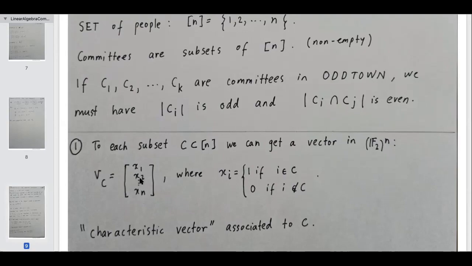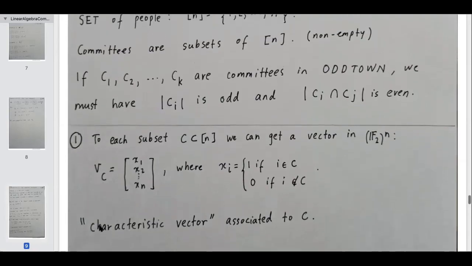If there's a 1 in position i, then we know that i is in the set. And if there is a 0 in position i, then that element is not in the set. These vectors uniquely determine the subset, obviously. And they belong to F2 to the n because they have only 0, 1 entries. This is called the characteristic vector associated to C.